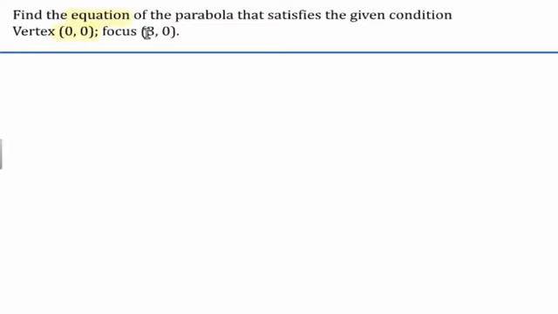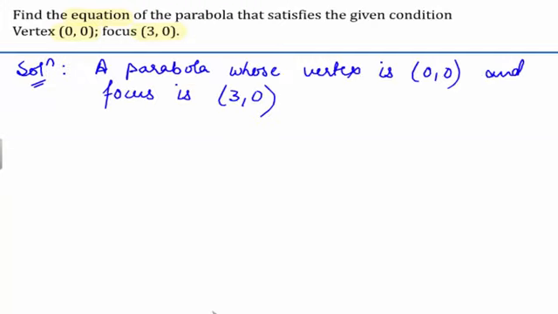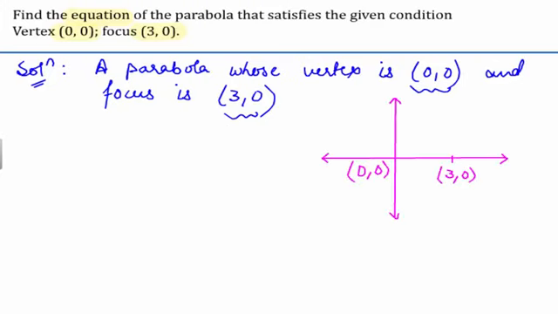Let's begin with the solution. Here we are given a parabola whose vertex is (0, 0) and focus is (3, 0). That is, this point (3, 0) lies on the x-axis, and therefore the parabola opens toward the right.